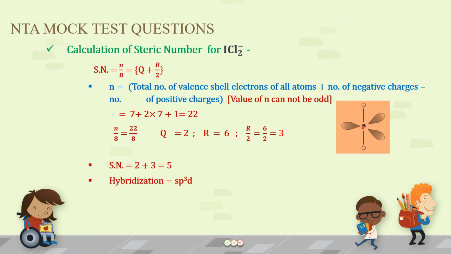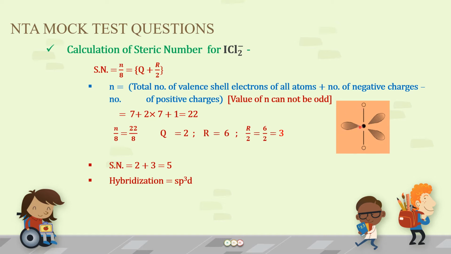Okay, so we find the iodine chlorine bonds to be on the axial axis, and hence the shape of the molecule, because when we are seeing the shape, we do not talk about the lone pairs of electrons, we see what all the atoms are and how they are arranged.